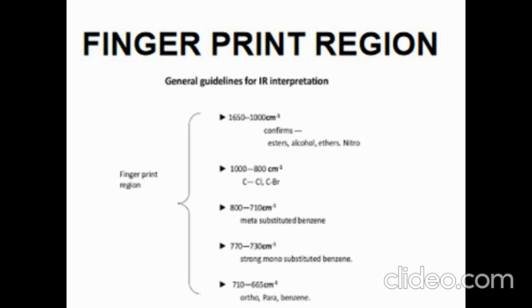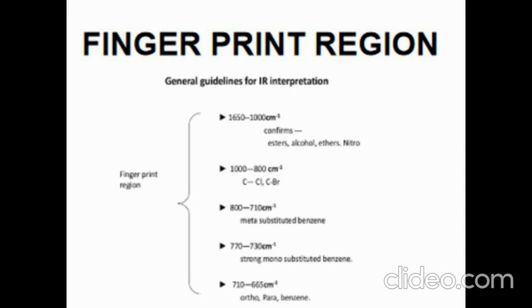Now they usually come in between. If it is a monosubstituted compound, then you will get a strong peak at approximately 750 centimeter inverse. If it is a meta disubstituted compound, then usually the peak will come on the higher side, approximately 700 to 800 here.